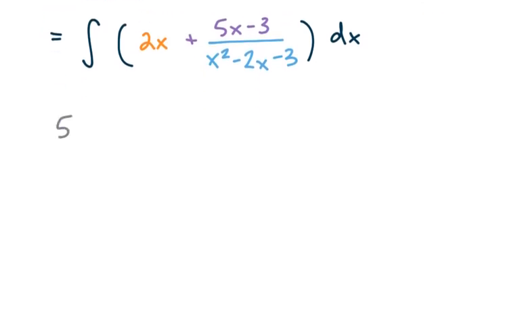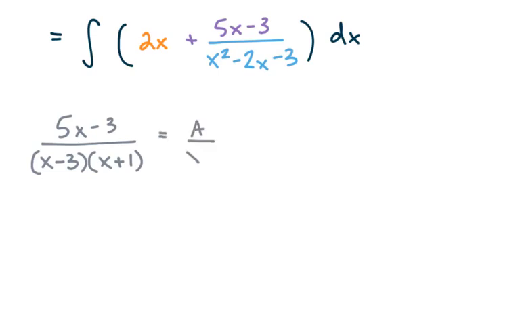I have 5x minus 3 over x squared minus 2x minus 3. This is my denominator. And of course, I can factor that. That factors to x minus 3 times x plus 1, which gives me A over x minus 3 plus B over x plus 1.